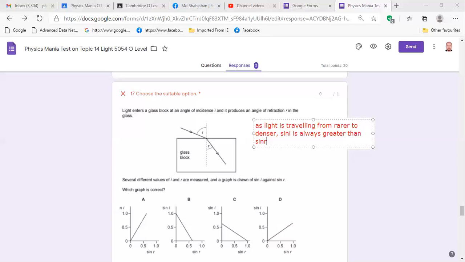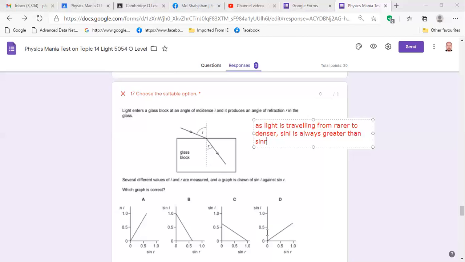So these two are matching with A and D. We'll focus on A and D now, and skip B and C. Now you compare A and D. Look, in D, if the value of sine R is 0.5, the value of sine I is coming almost 0.25 or very close to that.